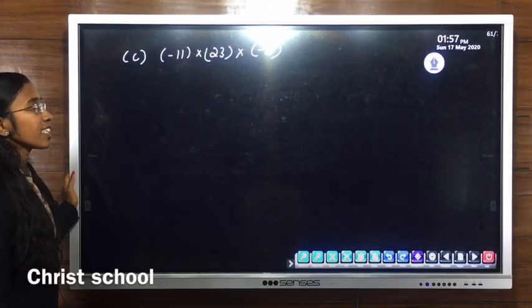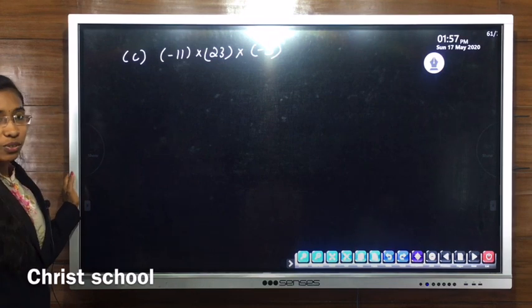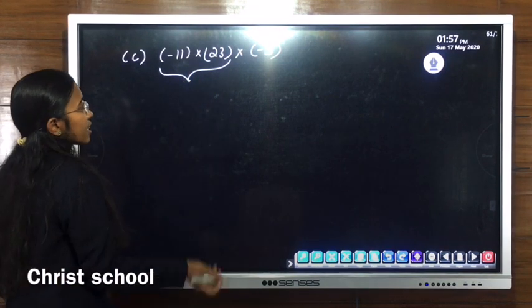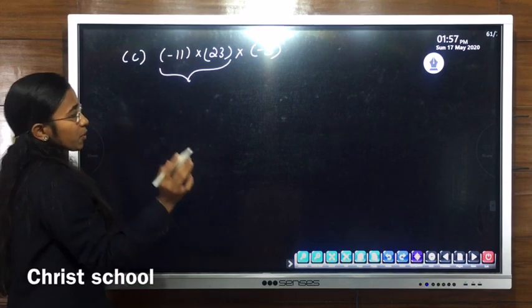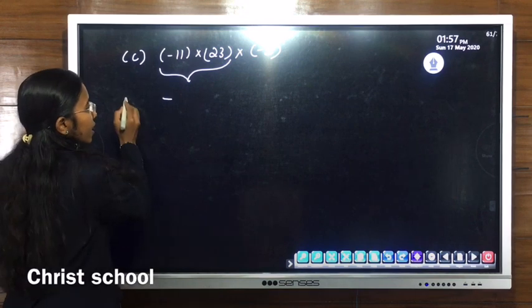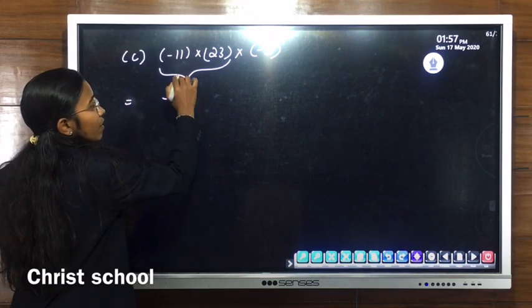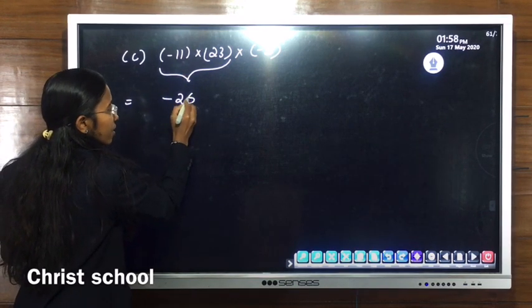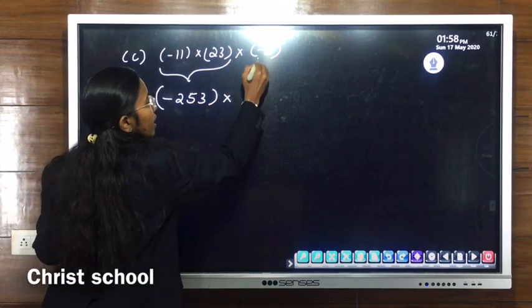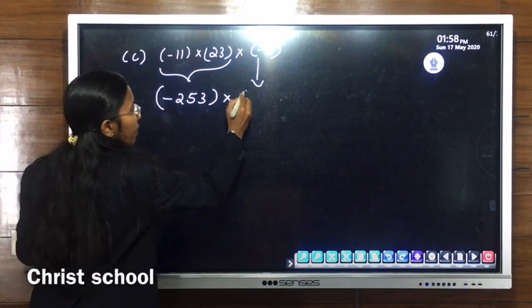C part, minus 11 into 23 into minus 5. So first we are multiplying the first two integers. One is negative and one is positive. This is unlike integers, so our sign is always negative. That is minus 11 into 23. Answer is minus 253 into next integer, minus 5.